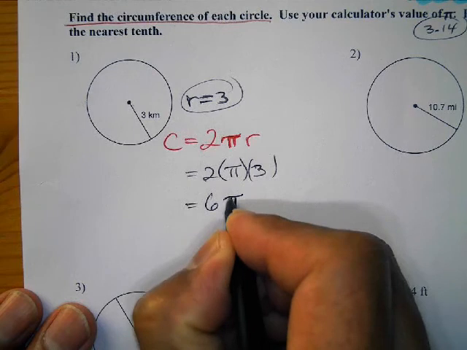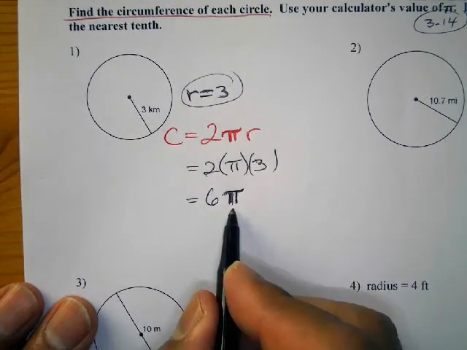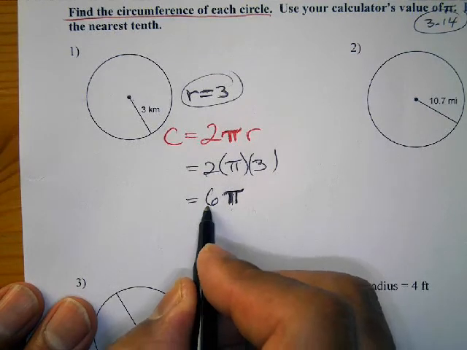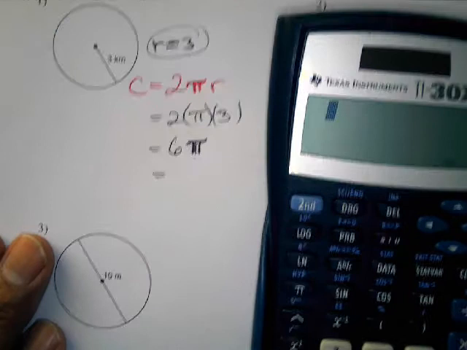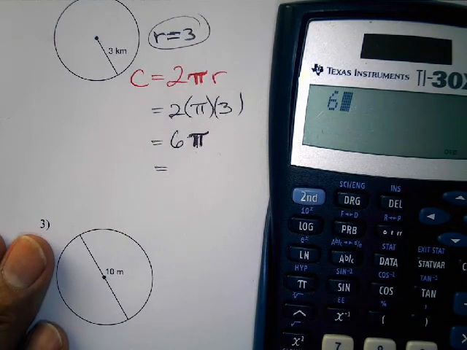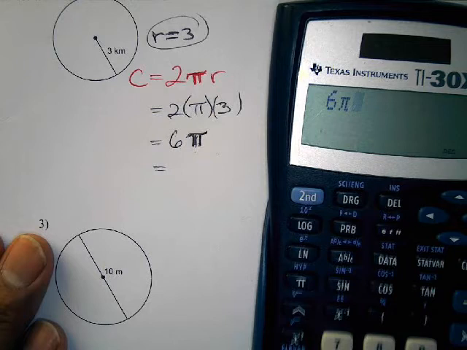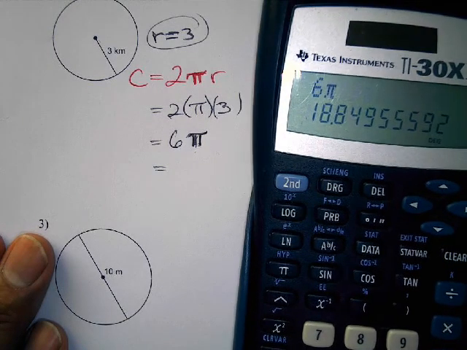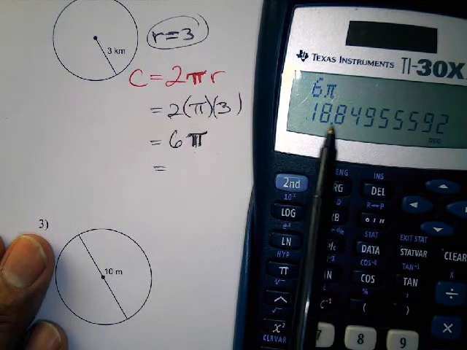Sometimes you'll see the answer left like this, with the pi on it. But here's where you have to multiply 6 times pi on the calculator. Just do 6, push pi, and hit equals. That's 18.849.